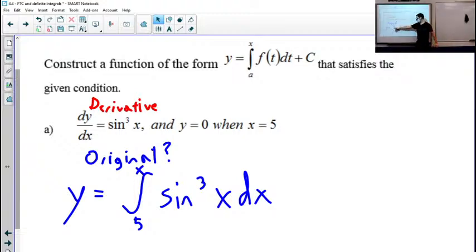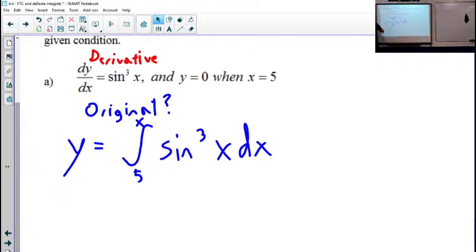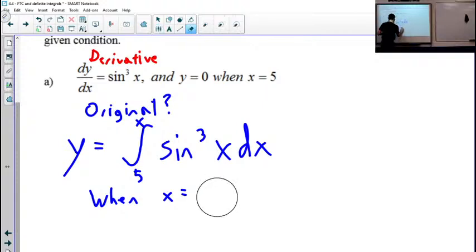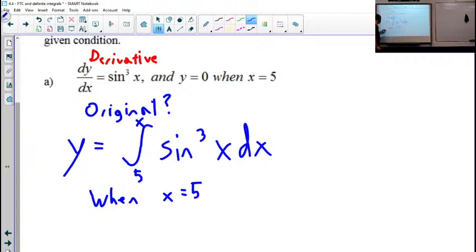So first off, a number to x for our property that we talked about. And this works, let's talk about why this works. This works because when x is 0, or sorry, when x is 5, we want to control for this.